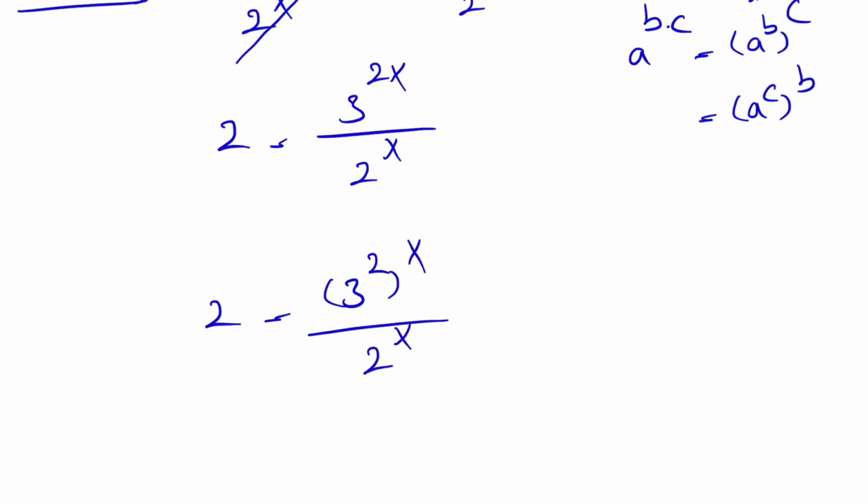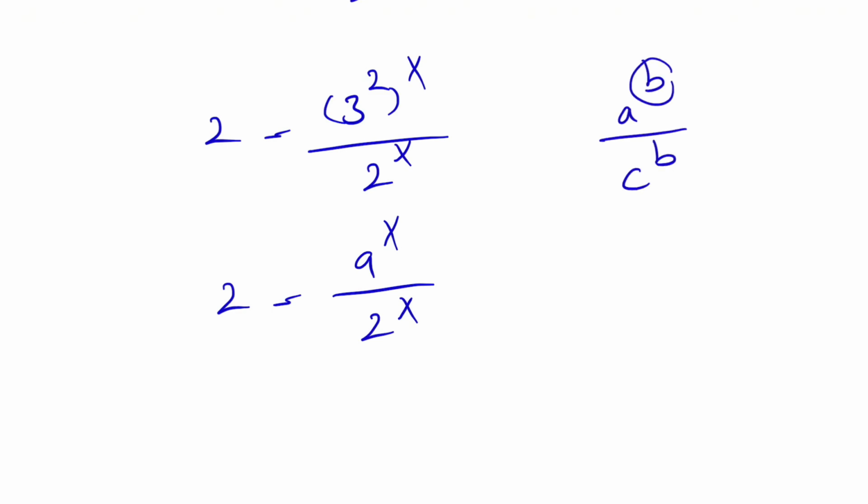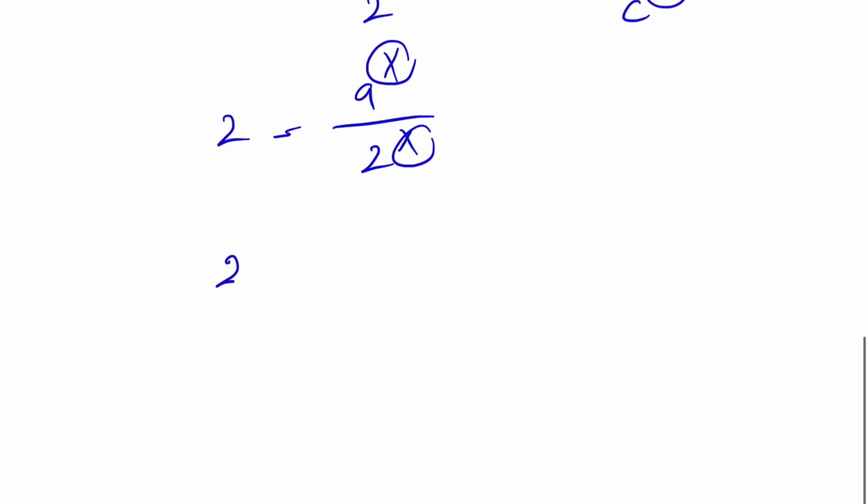We know 3 squared is 9, so we have 9 to the x over 2 to the x. When we have a to the b divided by c to the b, the same exponent, this can be written as a over c to the b. So now we have the same exponent here too, and our 2 will be equal to 9 over 2 all to the power of x.